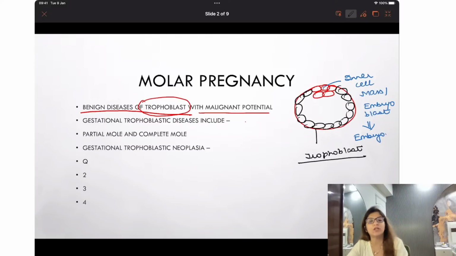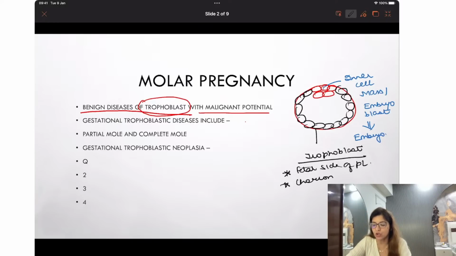What is the function of trophoblast? The function of trophoblast is that it forms the fetal side of the placenta. Then the fetal membrane chorion is formed by the trophoblast, and trophoblast has two parts, cytotrophoblast and syncytiotrophoblast.